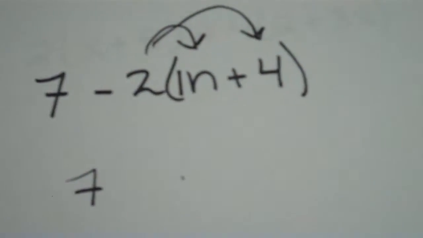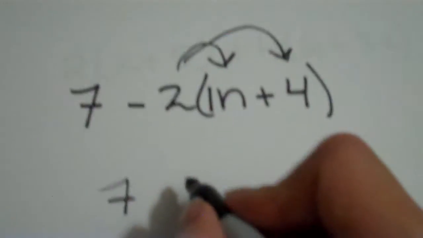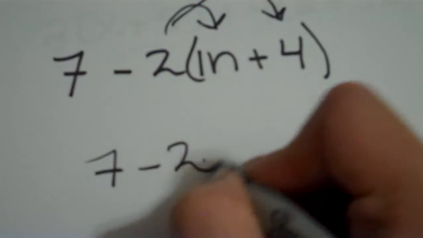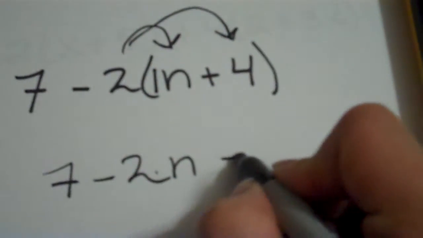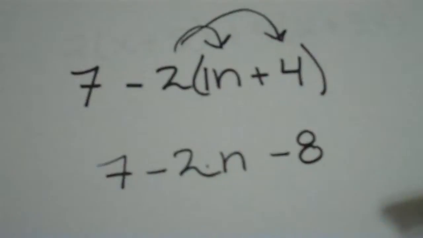So negative 2 times 1, if you don't know, in your calculator. Negative 2 times 1 is a negative 2. So you're just going to put negative 2, and the n comes down. And then do negative 2 times a positive 4. So negative 2 times a positive 4 is a negative 8. So put minus 8. Okay?